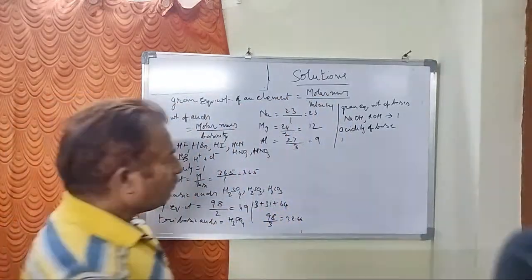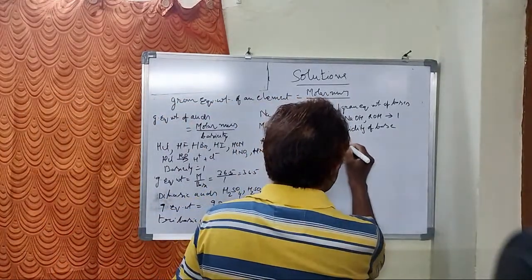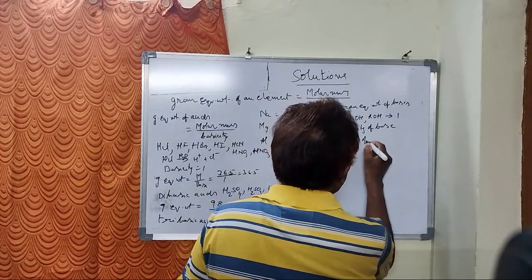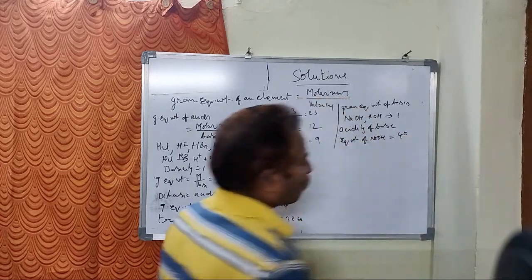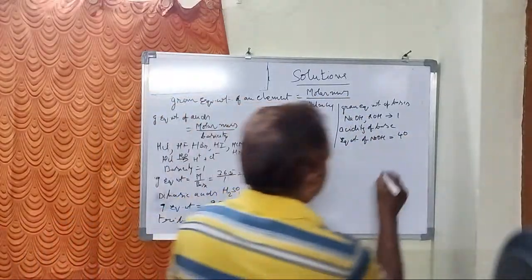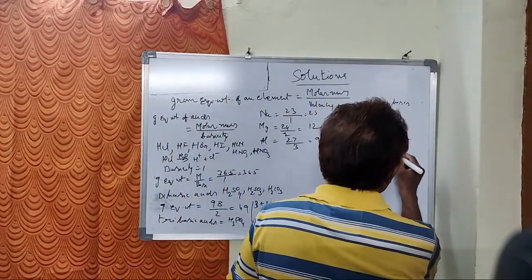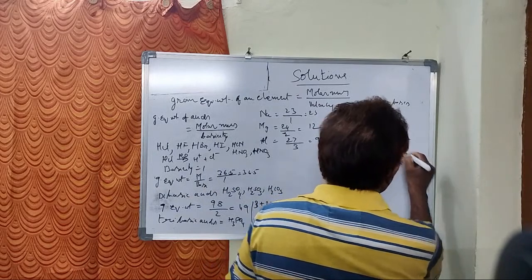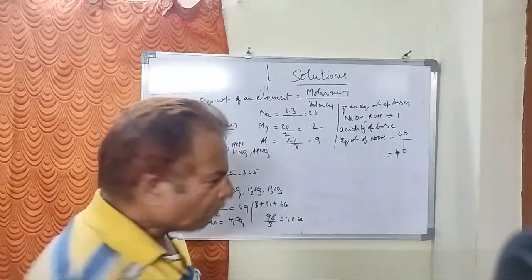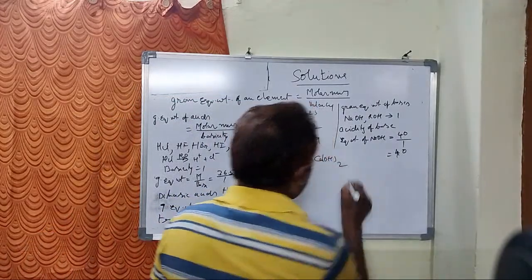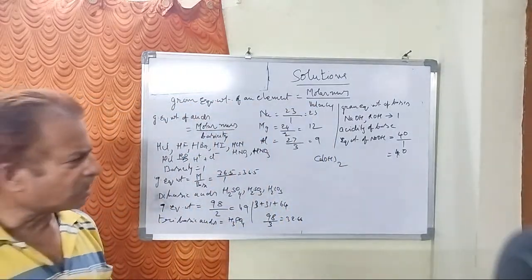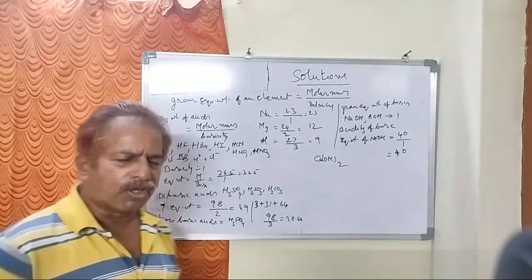Now, gram equivalent weight of sodium hydroxide. What is the molar mass of sodium hydroxide? 40. 40 by acidity 1. Therefore, it is 40. If we take calcium hydroxide, it has two replaceable OH minus ions.